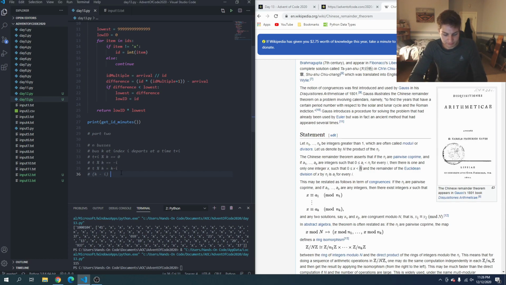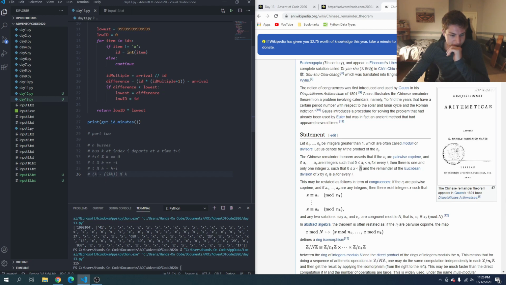So we want it to be mod k, and then this I also mod k, because now this is really complicated to explain, and I don't understand it too well, but I think this is how it works, because we want to keep it between 0 and k.